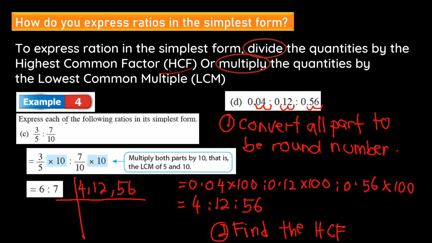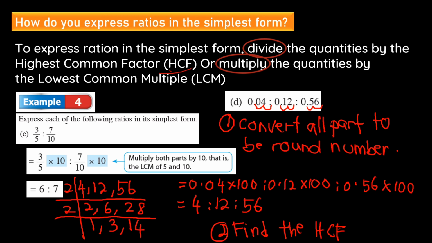We divide by 2, we get 2, 6, and then 56 divided by 2 we get 28. We can still divide these numbers by 2, giving 1, 3, 14. Now if we look at this, we cannot divide 1, 3 and 14 by the same round number anymore.